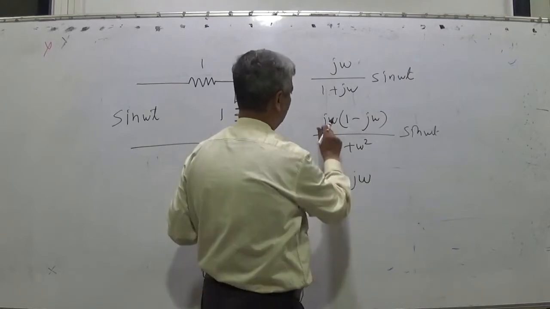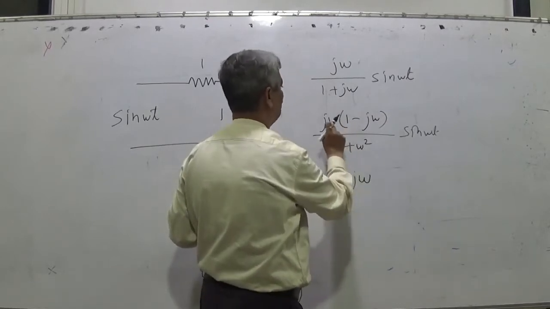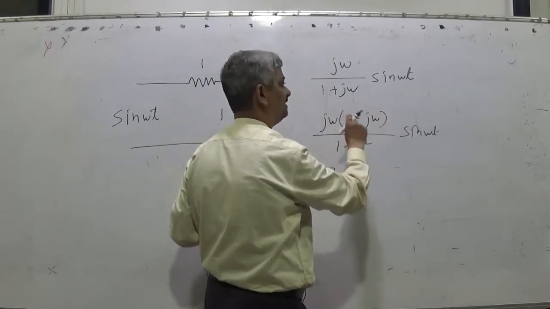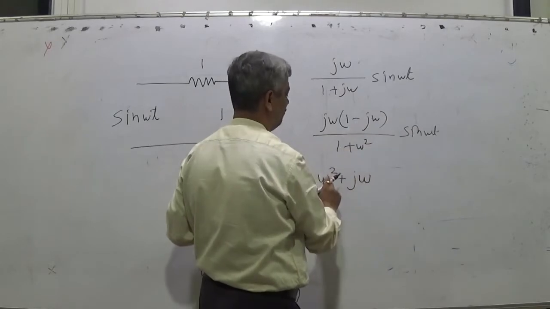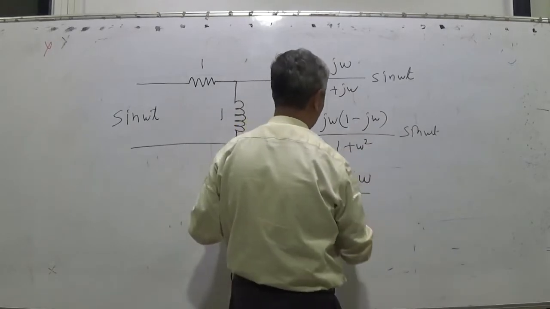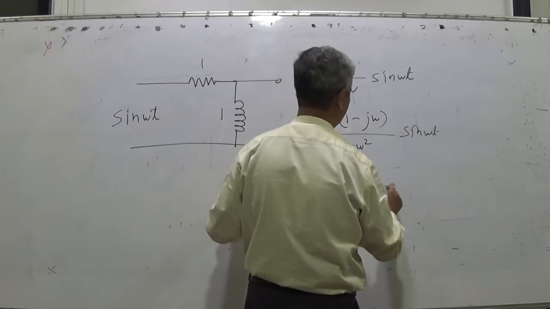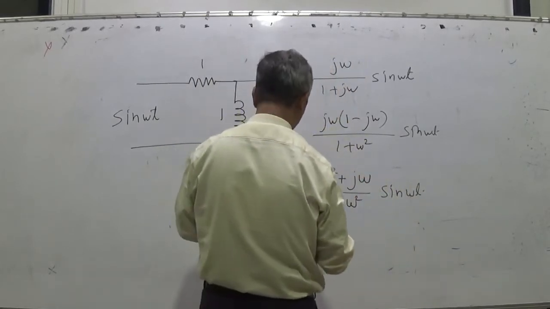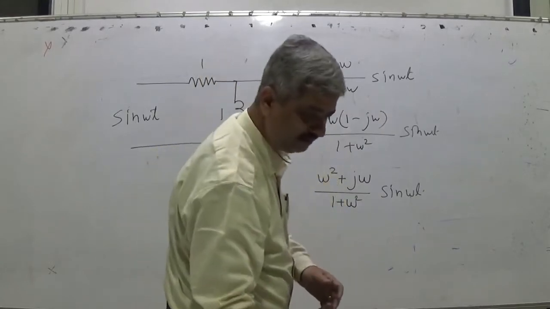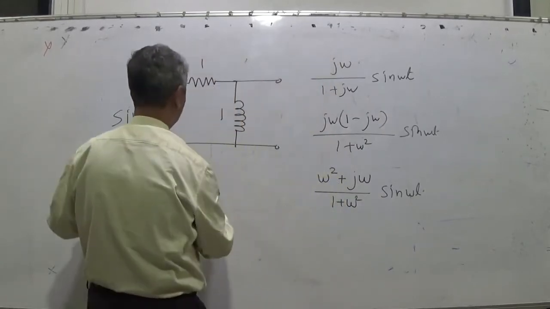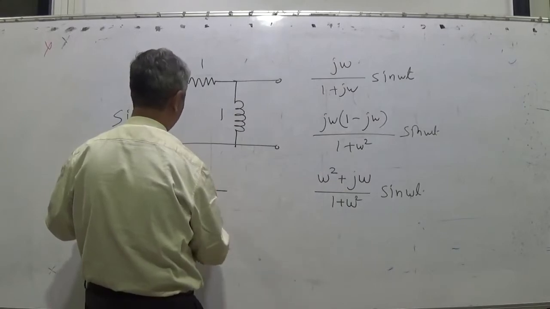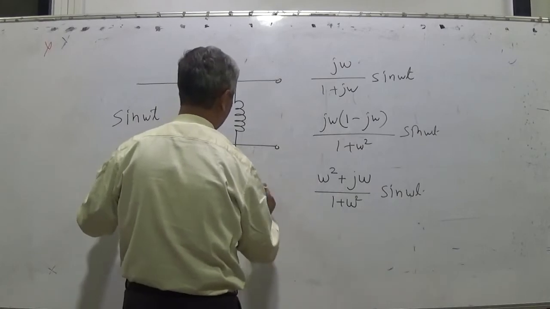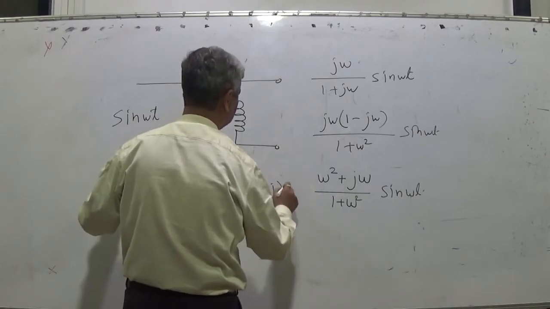Then j omega minus j omega whole square: minus j square is plus 1, and we get omega square plus j omega upon 1 plus omega square, sin omega t. So omega we can bring common. So omega upon 1 plus omega square into the bracket omega plus j, sin omega t.